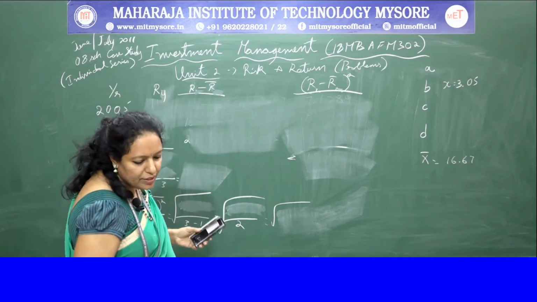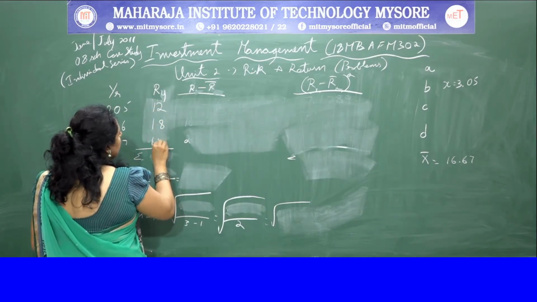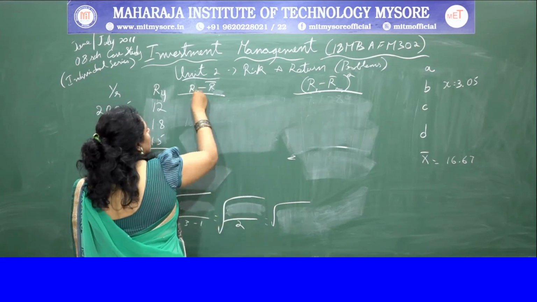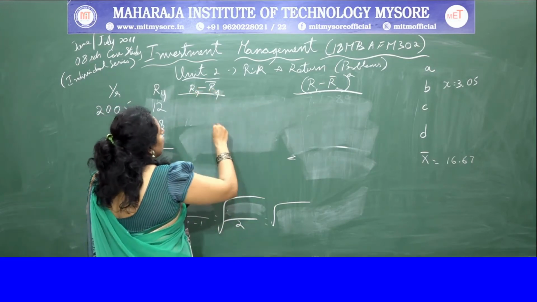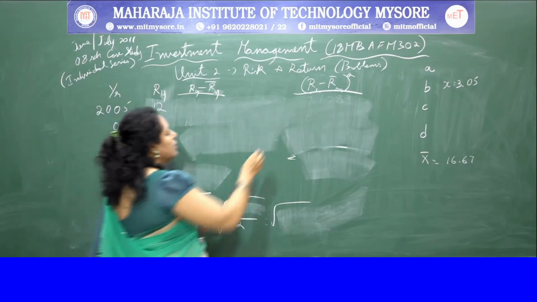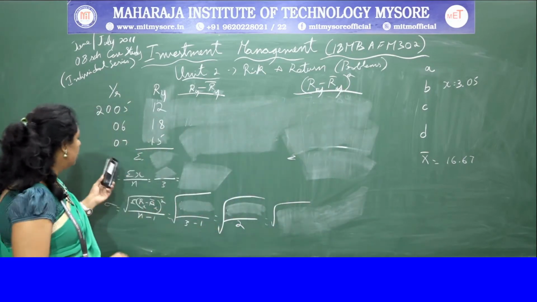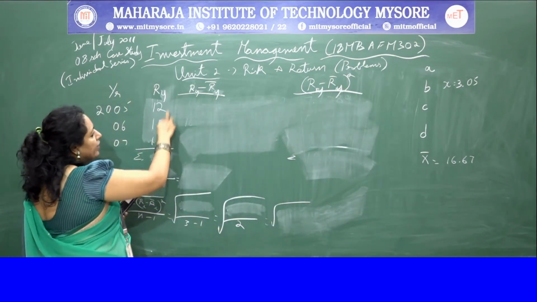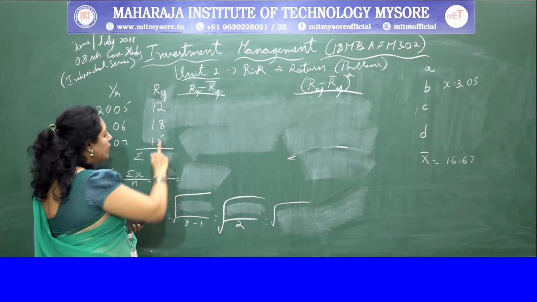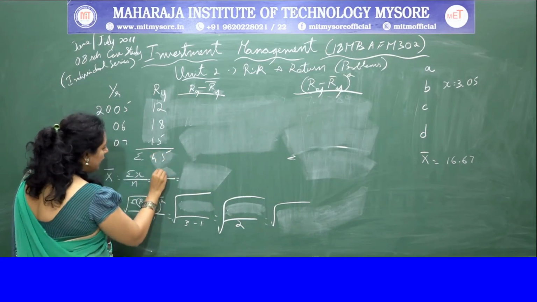The data for Y is 12, 18 and 15. So Y, and this also becomes Y. Let's add: 18 plus 12, you get 30, 30 plus 15, you get 45.